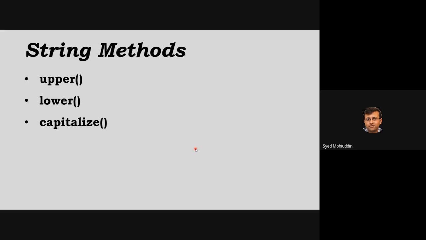Capitalize will convert the first character of the string into a capital letter, and all the other characters into lowercase. And remember, all these methods will return strings. So the original string is not manipulated; it will return a new string.